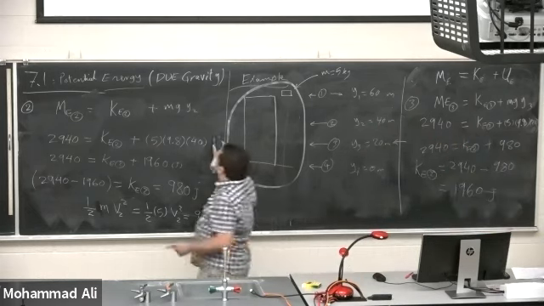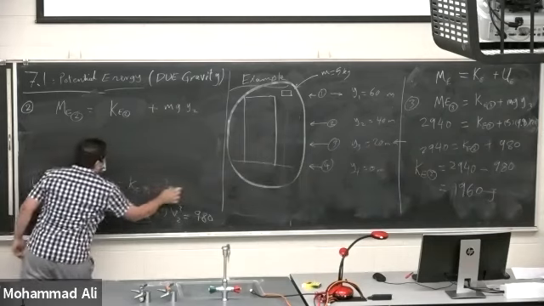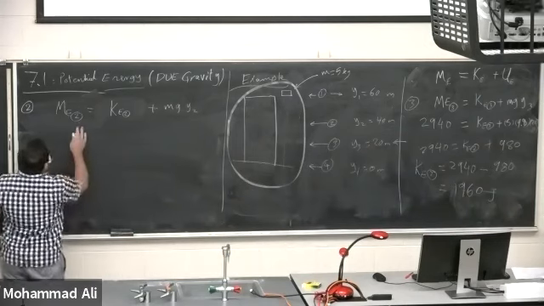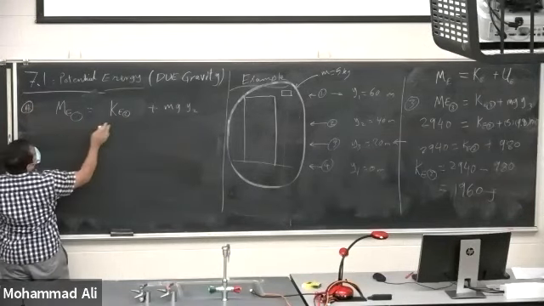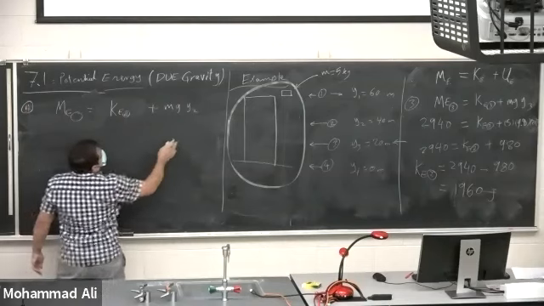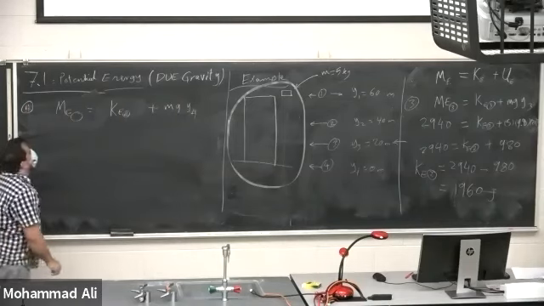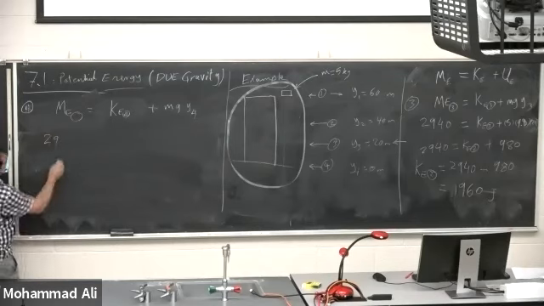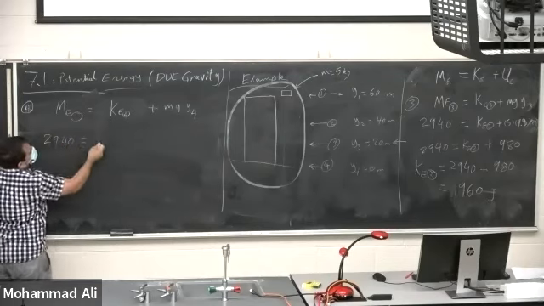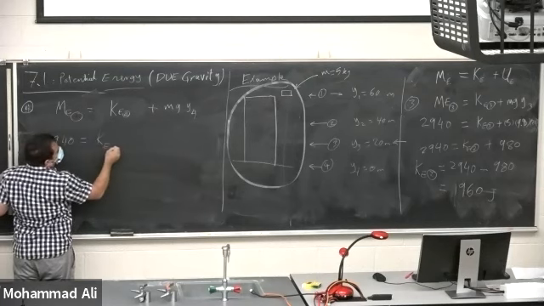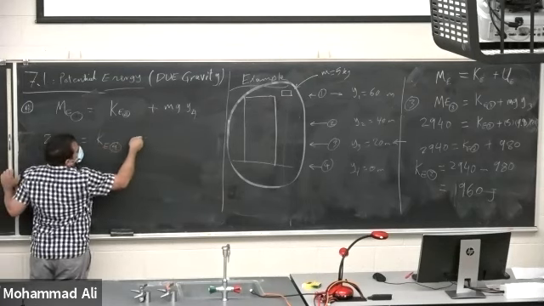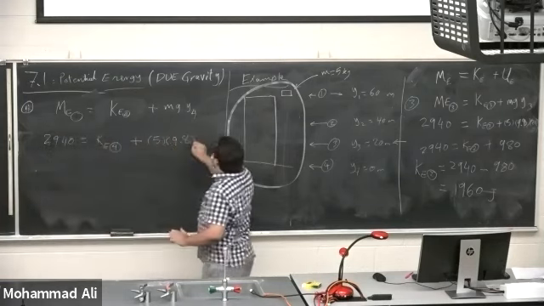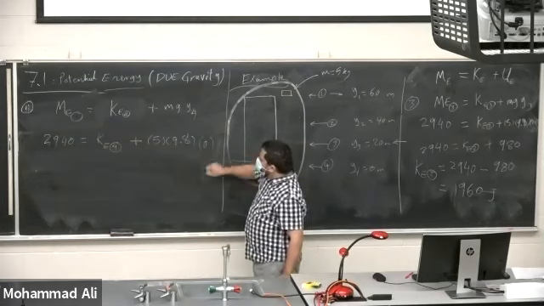Finally, at point number 4, we need y4. The mechanical energy 2940 is equal to the kinetic energy at point number 4, plus m which is 5, g which is 9.8, and the altitude is 0.